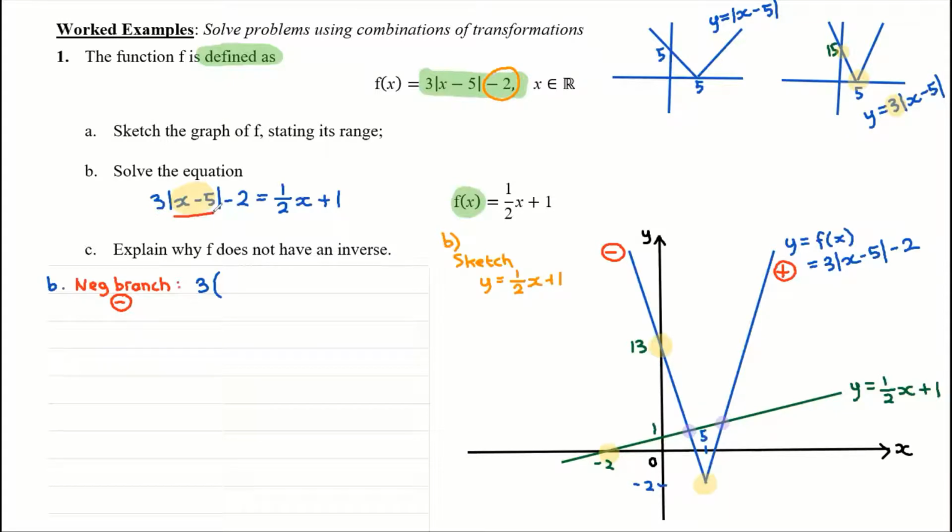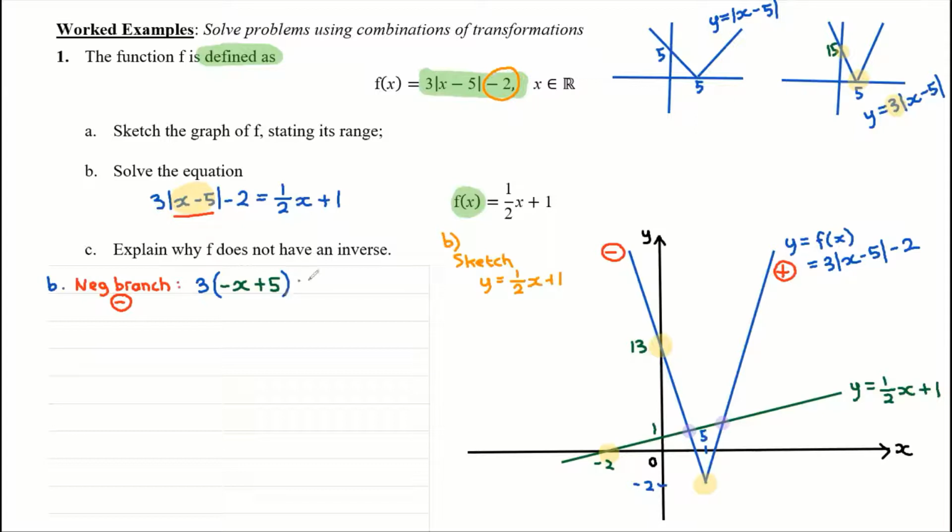So I'm going to change it all to -x plus 5. You simply have to change the signs of everything inside the modulus. So positive x becomes -x, and -5 becomes +5. Okay, and that's for the negative branch. We'll talk about the positive branch in a minute.